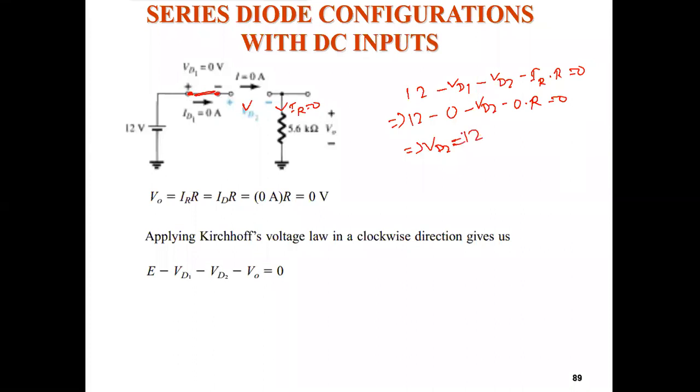The important thing here is that though the first diode could turn on, since the second diode is not switched on, the voltage applied across the first diode, VD1, will be 0 and VD2 will be equal to 12 volt.